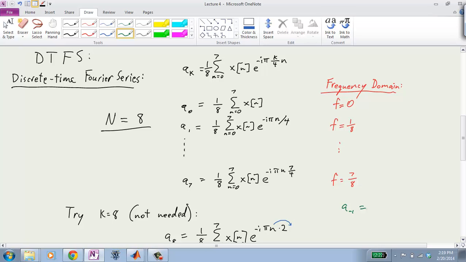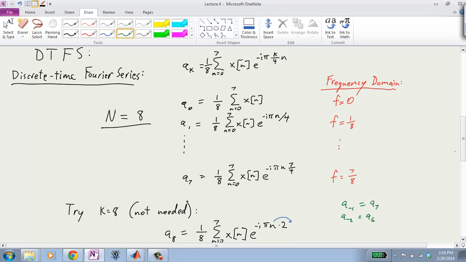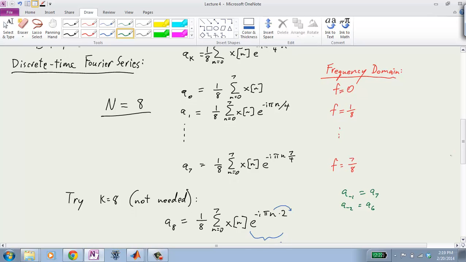Anyone? Yes, a7. And a of -2 is a6. And so if we want to instead observe the frequency content from -0.5 to 0.5, we should take our high end and plop it down at the low end.